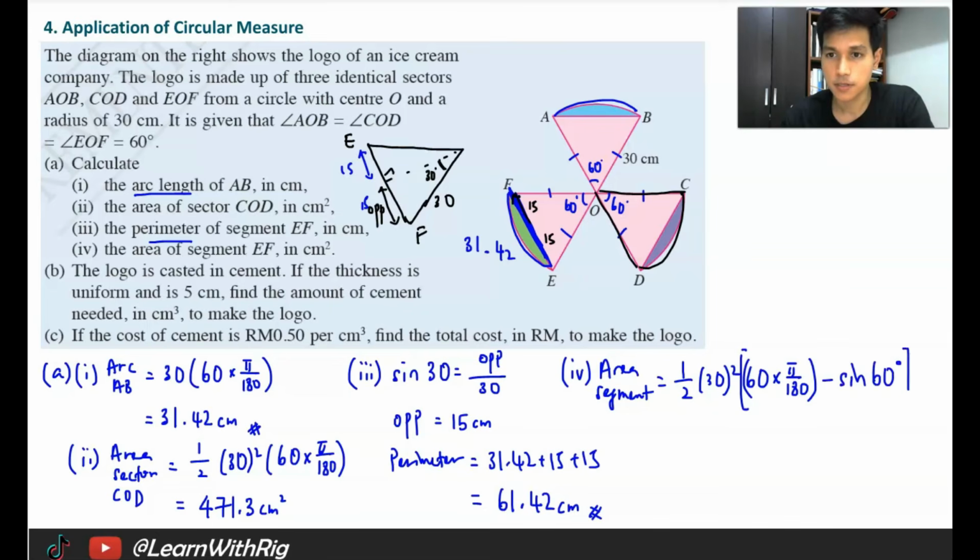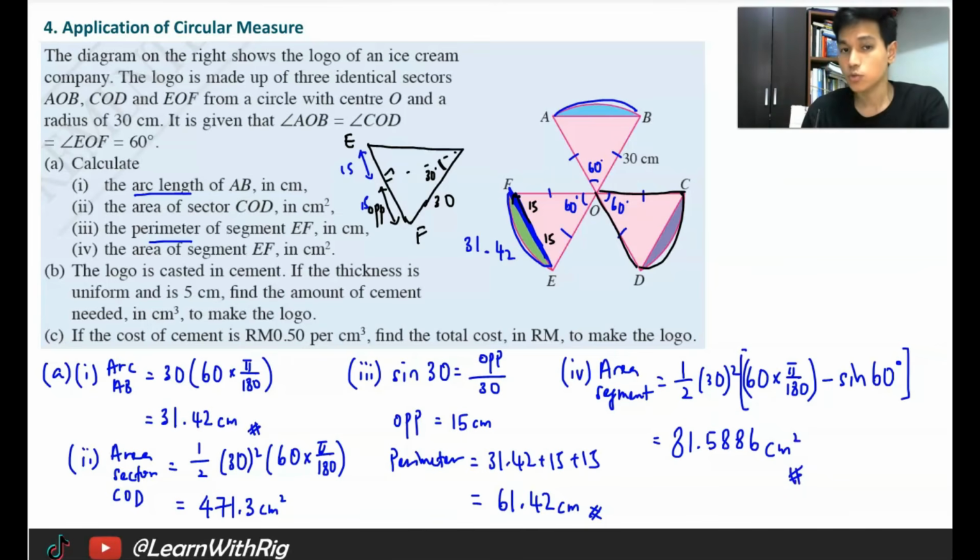Okay, because this must be in radian. This one must be in degree. So straight away you can get your answer, 81.5886. Now like I said, it doesn't have to be 100% accurate, as long as it's close to the answer, because you might use different values of pi, or you might use 3 decimal places or 2 decimal places. So in the end, you may not get the exact same answer, but if it's close, it's acceptable.